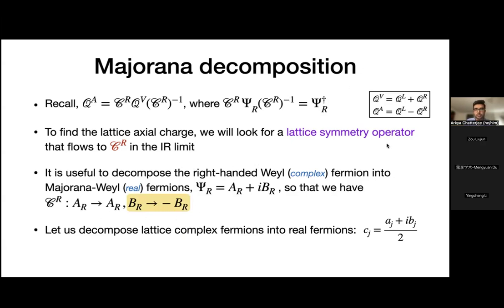Following this discussion, we'll also decompose the lattice complex fermions, c_j, into real fermions. I'll define them like this here. These A and B satisfy the usual Majorana fermion anti-commutation relations, which are shown here.